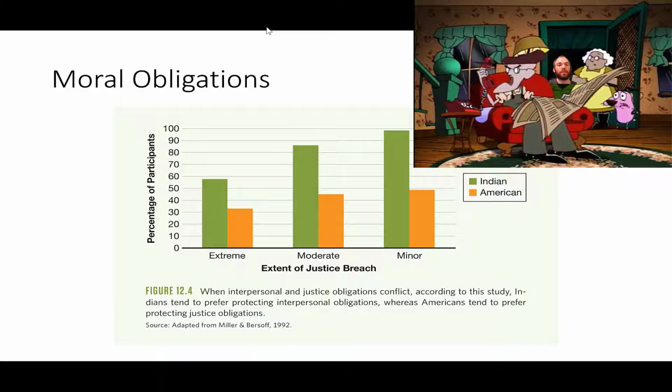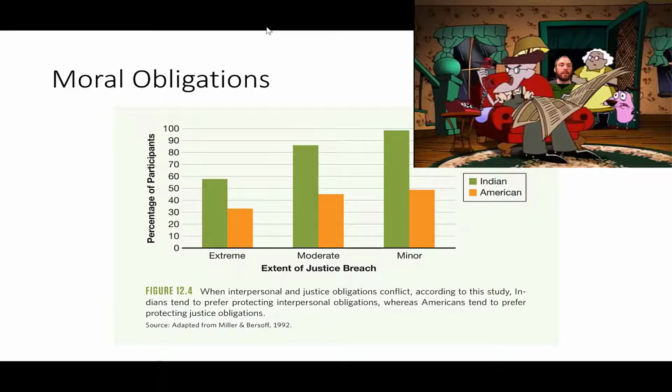But like we talked about in the beginning of this course, there's variation within culture, and you can see even in American cultures and Indian cultures, a third up to a little over 40% of individuals selecting the community component of morality as more important than the autonomy, justice component of morality, I should say, American subjects.